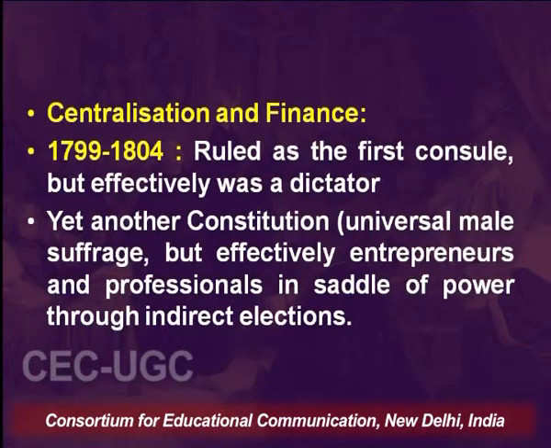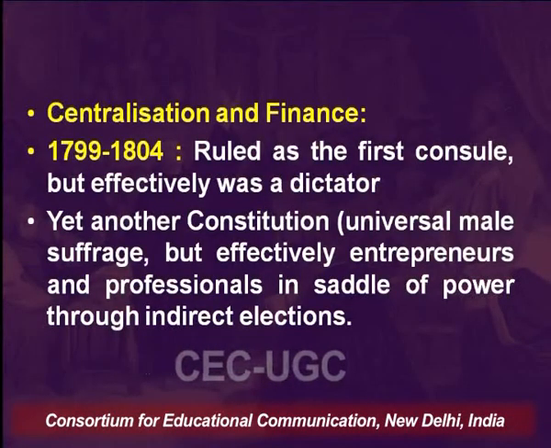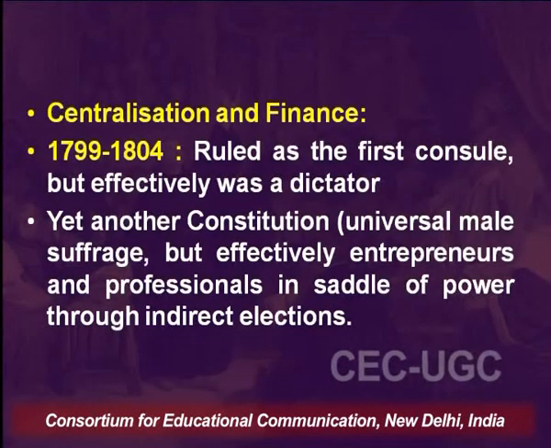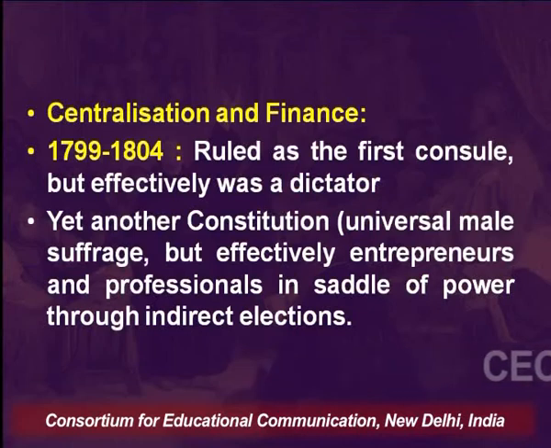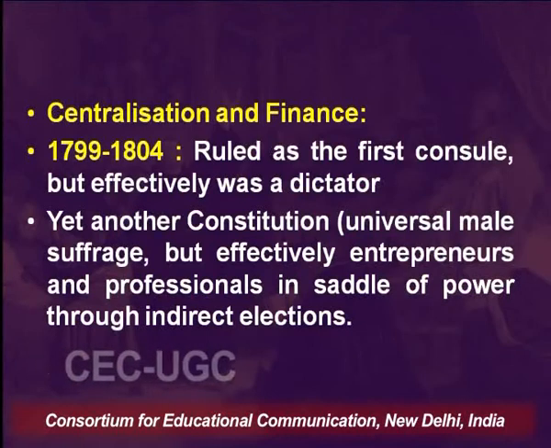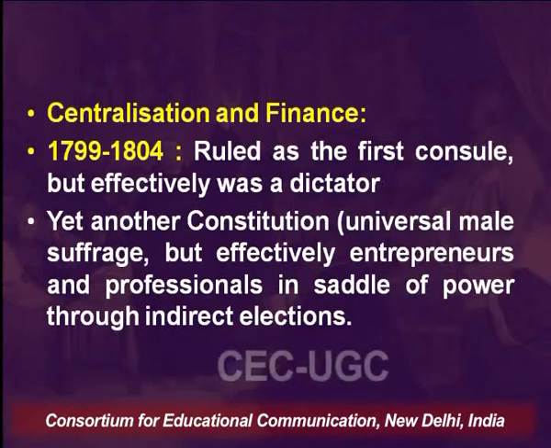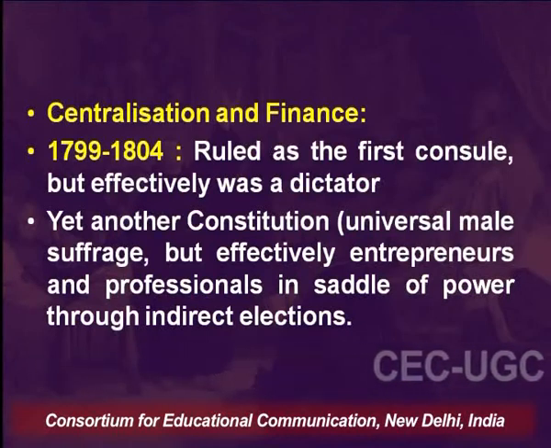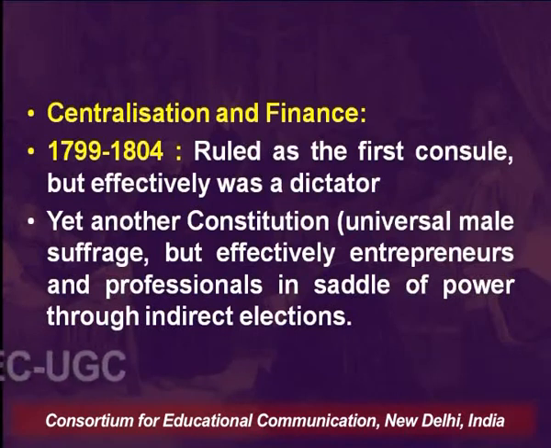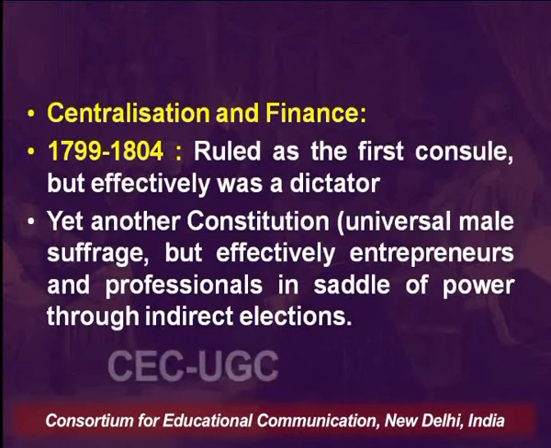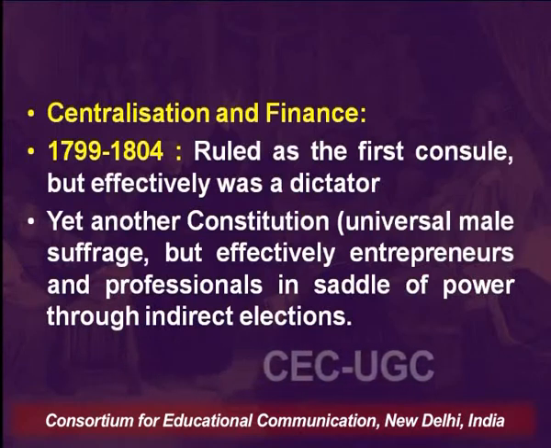In the domain of political centralization and finance, what we find is that the period from 1799 to 1804, when he declares himself as the emperor, these are the times when, as a first consul, Napoleon emerged effectively as a dictator.